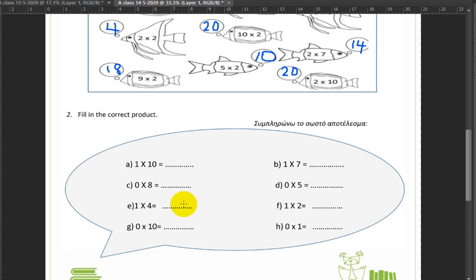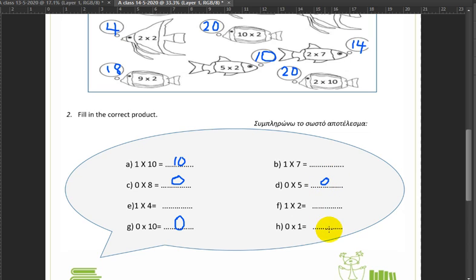Next, we need to do these multiplications which are mixed. 1 times 10, I get 10 because when I multiply a number with 1, that number is the result. Here we have 0 times 8, so 0, because when I multiply a number with 0, I always get 0. And the same goes, you don't have to do them in order necessarily.